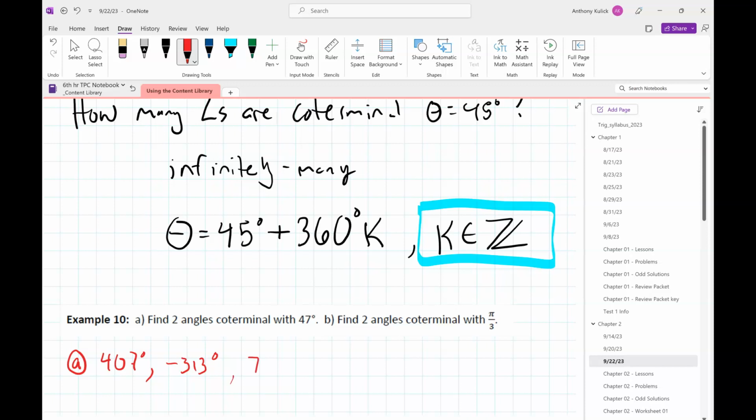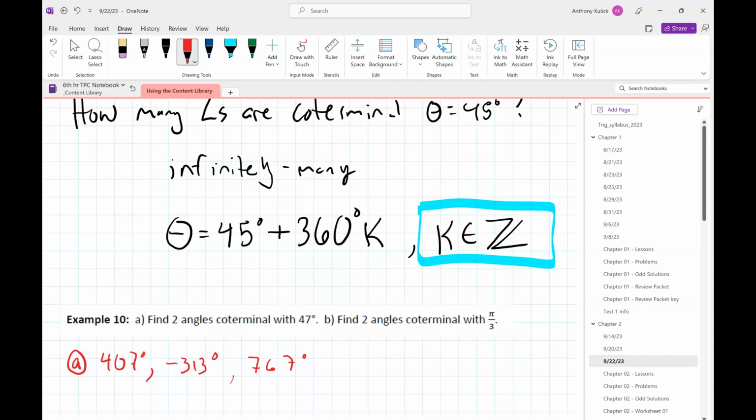Could you have done 767? For sure, right? How am I doing this? I'm just adding or subtracting 360 from 47. That's it. 407 is just 47 plus 360. -313 is just 47 minus 360. 767 is 47 plus 360 plus 360.